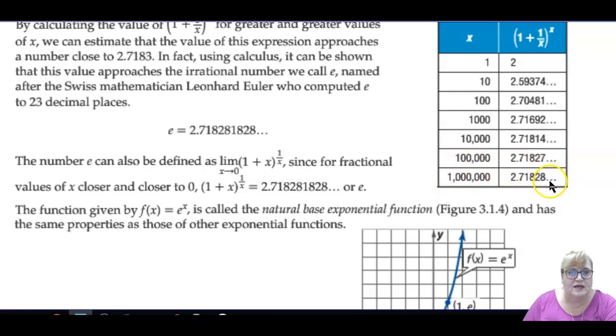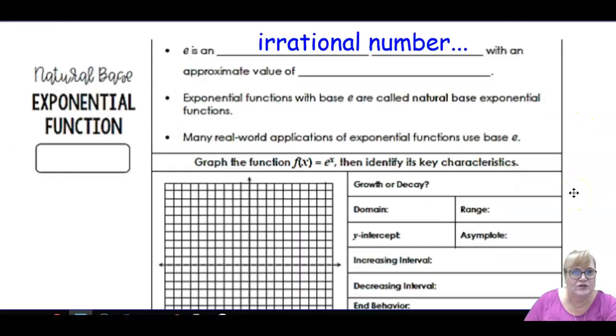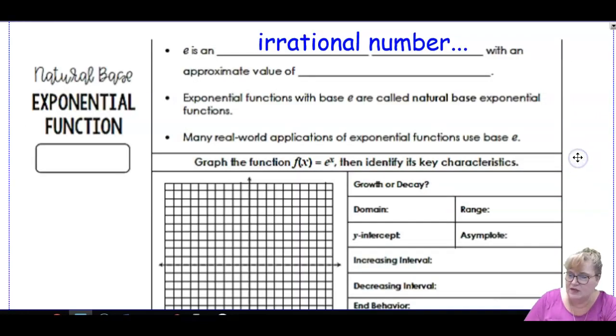E is like pi, it goes on forever, and it doesn't repeat. And because it looks just like 2 to the x, it's just growing by some weird 2.7 number.